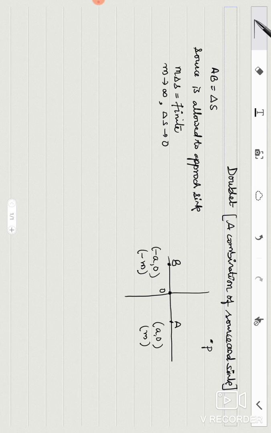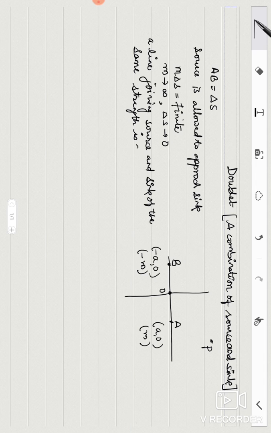Now the line joining the source and sink, naturally of the same strength, is called the axis of the doublet.